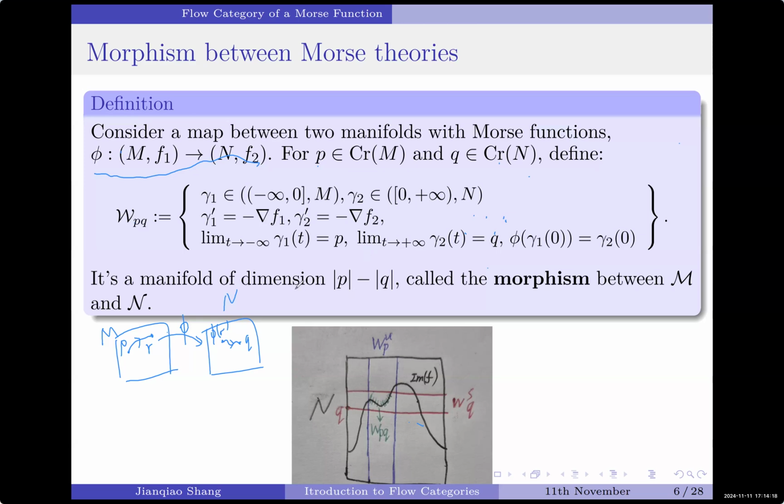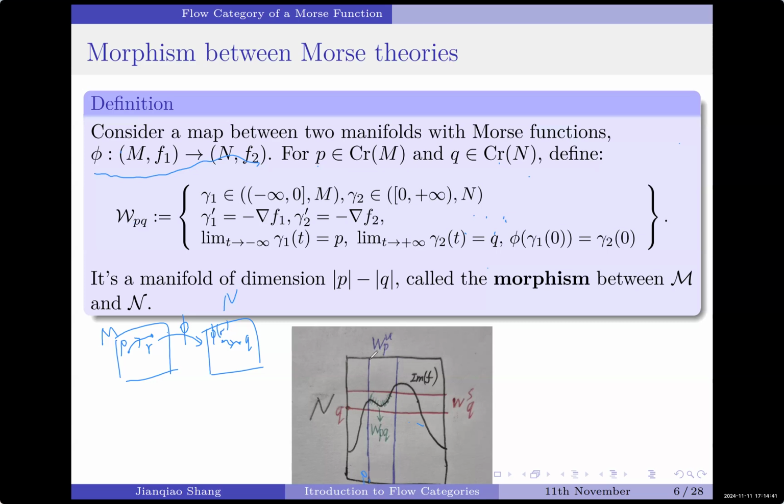As we assume all the transversality, we can show that this is a manifold, and its dimension can be calculated from the index of P and Q. This picture can help you understand the space W_PQ better.